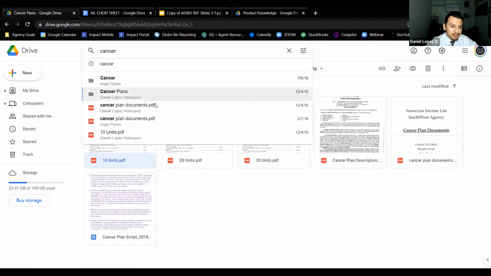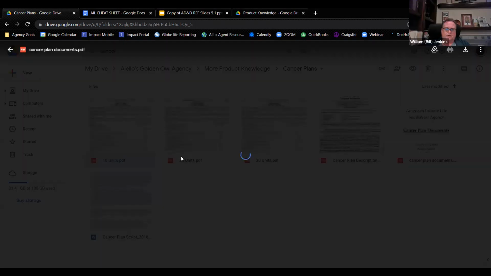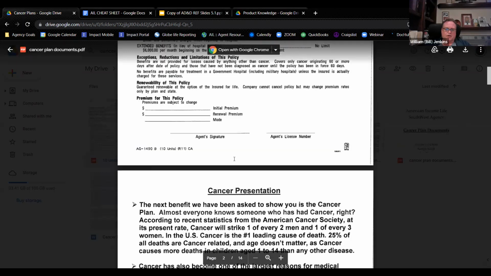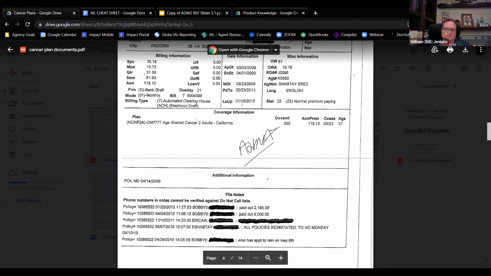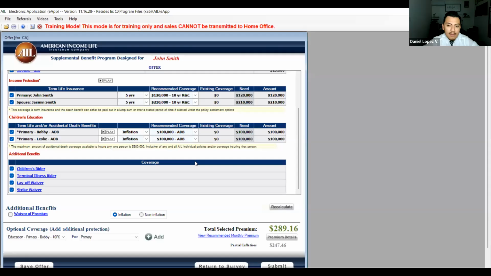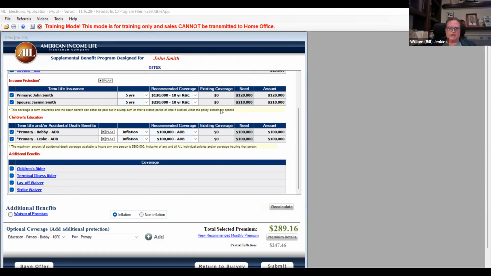How do you derive 30, 20, 10 units compared to the coverage? There's not the same shorthand as there was with the A&H. With the A&H, 30 units equals $30,000 in coverage, 50 units, $50,000.